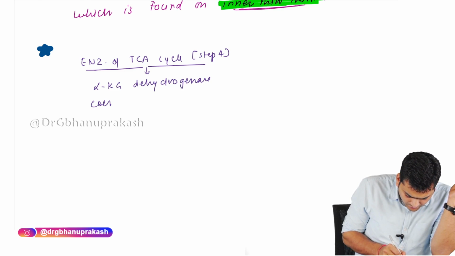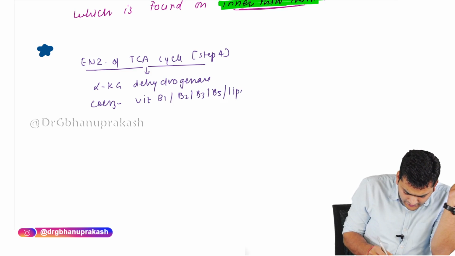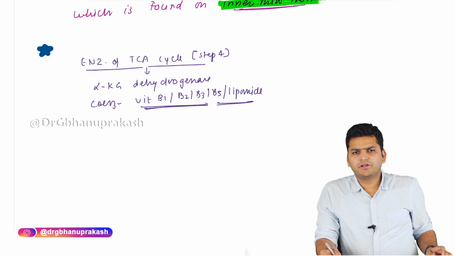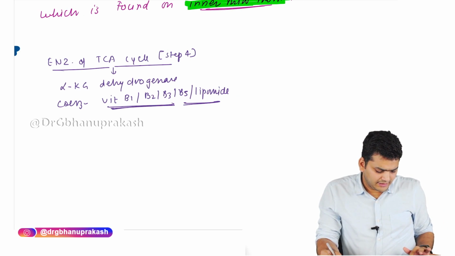The coenzymes that we wrote for that were vitamin B1, B2, B3, B5 and lipoamide. This is in the TCA cycle.